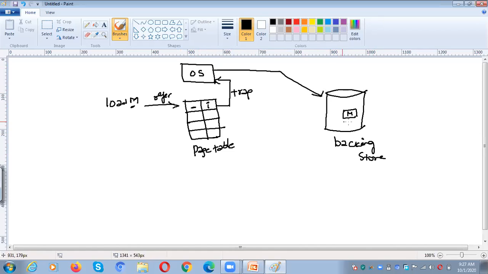So whenever the required page is available in the secondary memory, we need to take it and keep it in the main memory, right? So now this is the main memory. The main memory is divided into frames. Now there are no free frames available in the main memory. So already main memory is occupied with some other pages. There is no free frame.